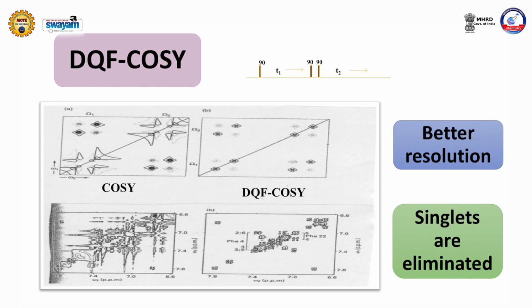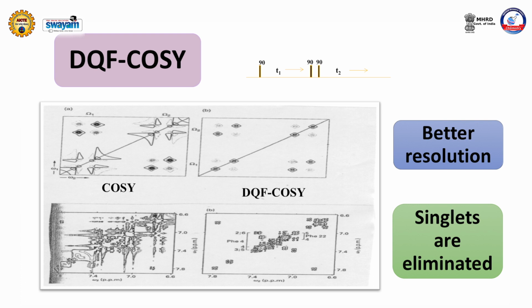The comparison of the COSY and the double quantum filtered COSY is indicated here. You can see the diagonal peaks as well as the cross peaks are much better resolved. You have fine structure. This is a simple modification of the COSY pulse sequence.